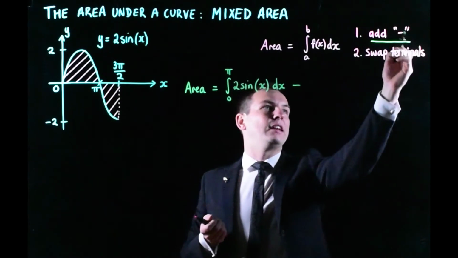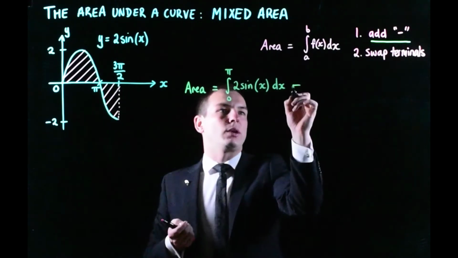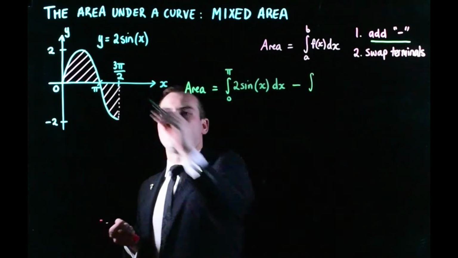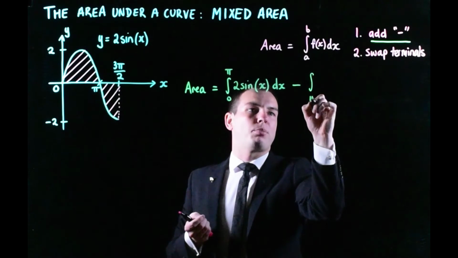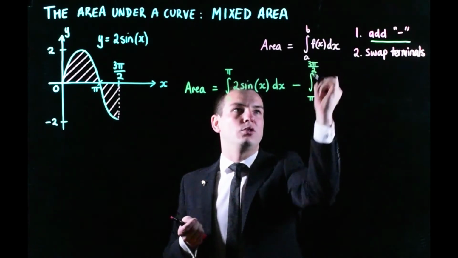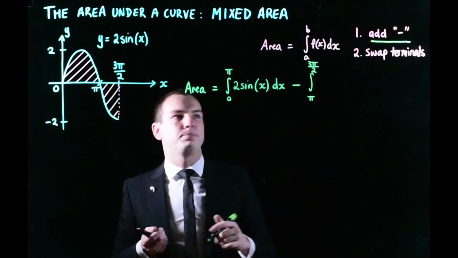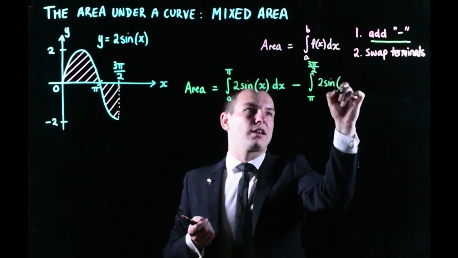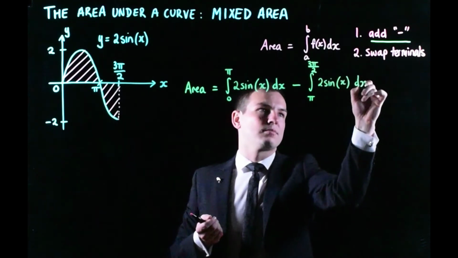So that's the add the negative sign out the front. So we have negative the integral between pi and 3 pi on 2. So we have pi as our lower terminal, and we have 3 pi over 2 as our upper terminal there. And we still have the function's rule, 2 sine of x dx.